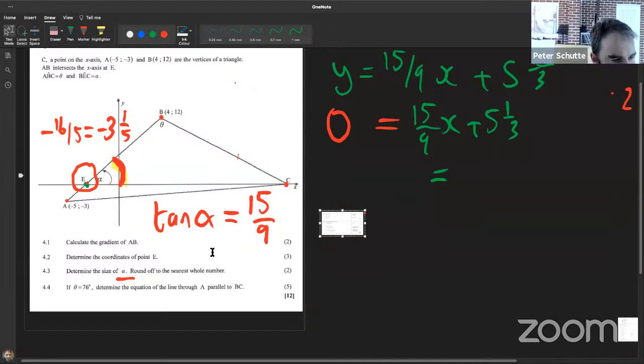You know the gradient of this line is 15 over 9, and then you go shift tan 15 over 9. This is what's called a complex procedure, or CP. What do you get for your answer of alpha?